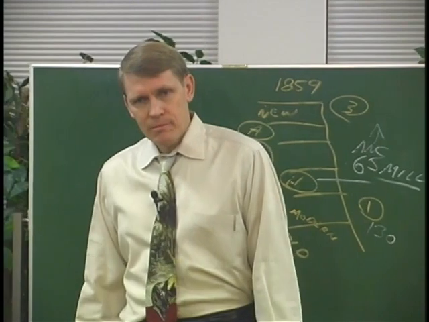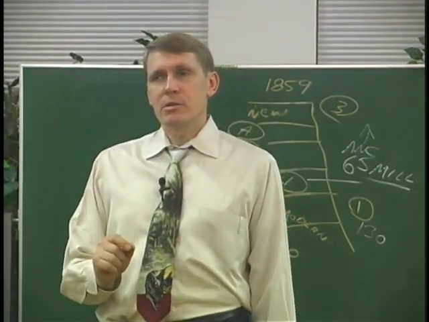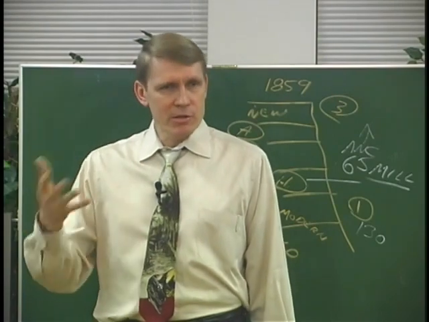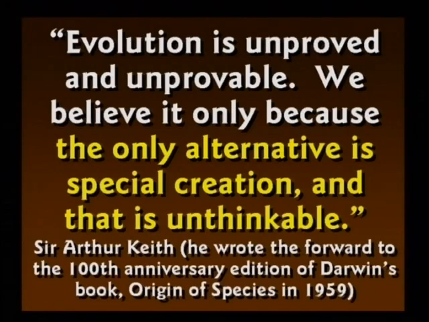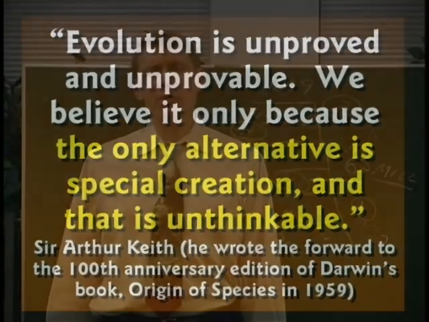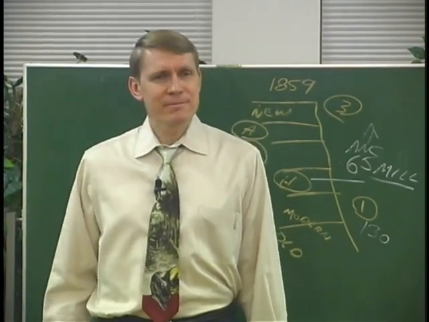Sir Arthur Keith strongly believed in evolution. He wrote the foreword to Darwin's book. They republished the book every once in a while. When they republished it on the 100-year anniversary, in 1959, they said, Sir Arthur Keith, you're one of our favorite evolutionists of the day. We would like to honor you with the right to write the introduction to the book.